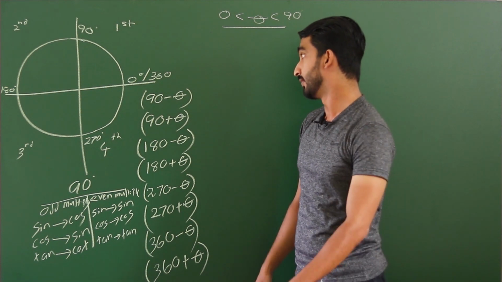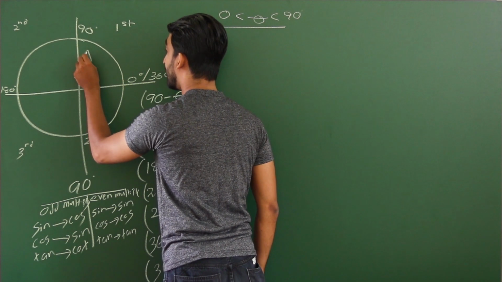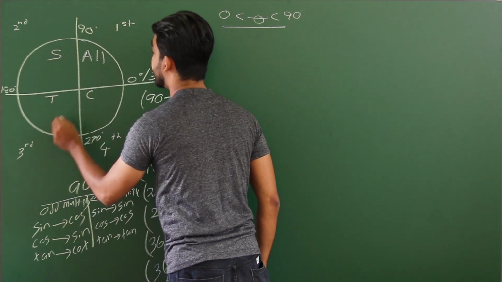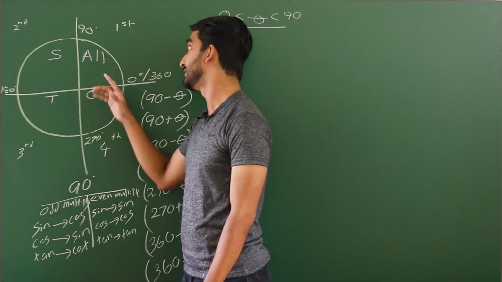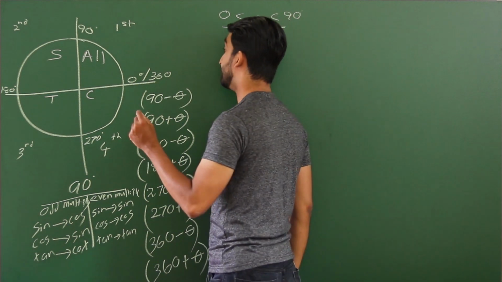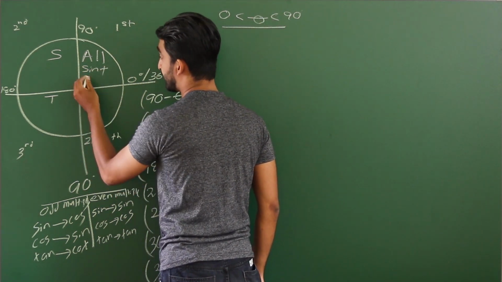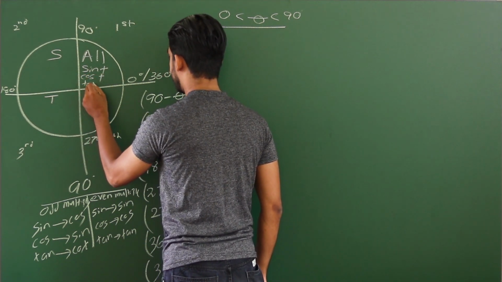Okay, now in the Quadrants rule we call all S, T, C. That means any trigonometry values inside the first quadrant will be positive. Everything will be positive. Any sine value will be positive, cos value will be positive, tan value will be positive.